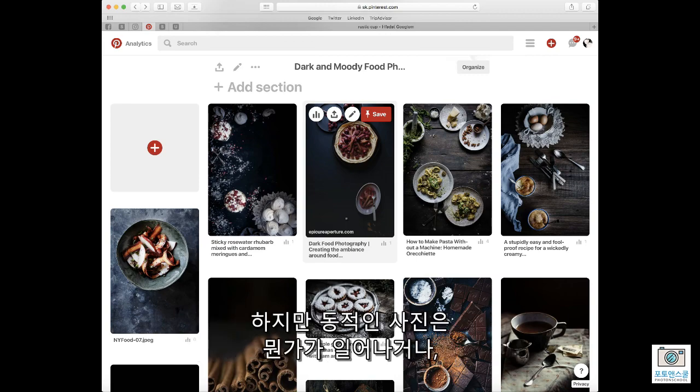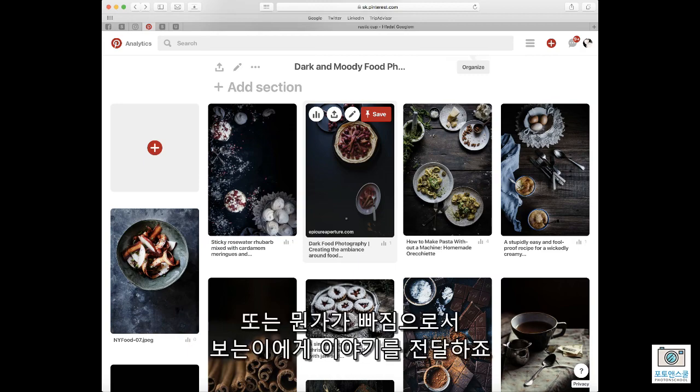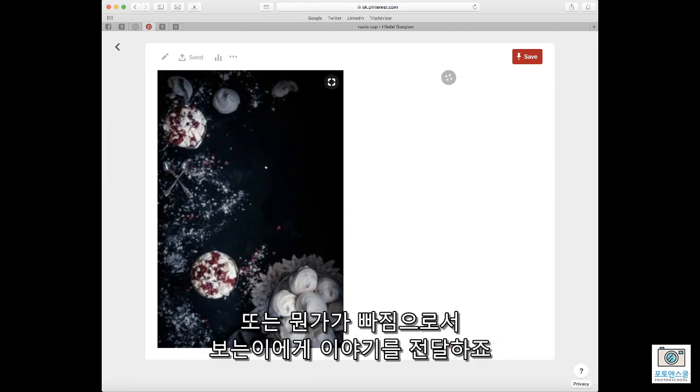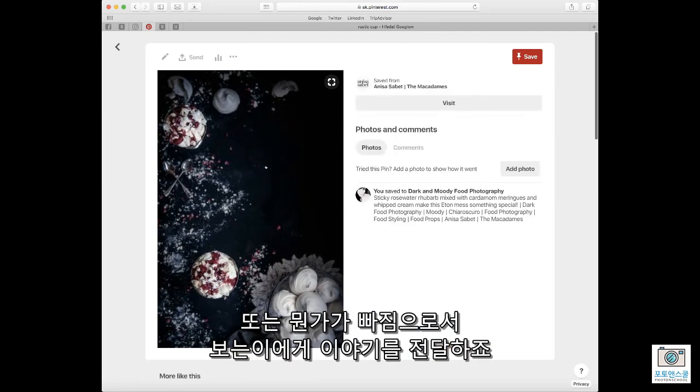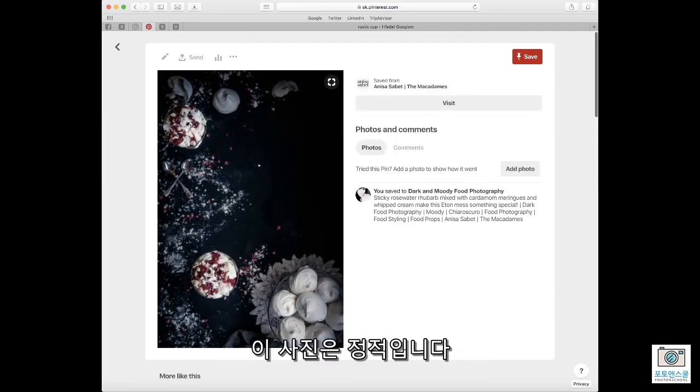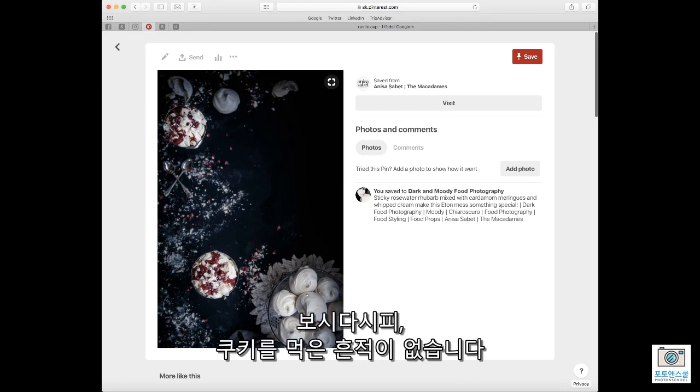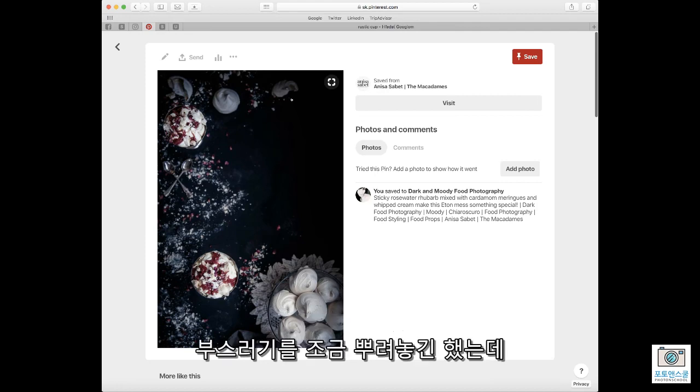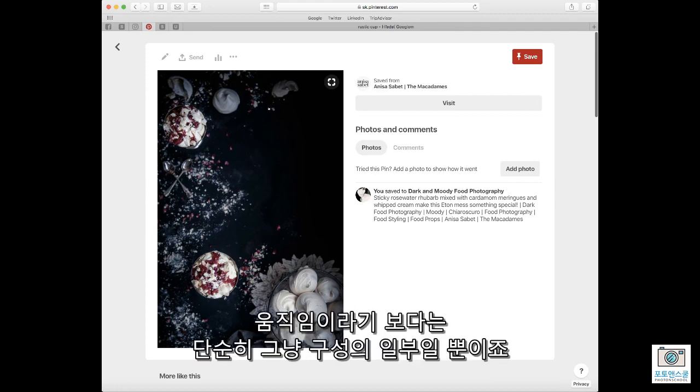But active pictures want to tell us something. There is something happening, there is something missing. For example, this is a static picture. You can see that nobody ate these, I don't know, cookies or whatever they are. It is broken down, but you can see that this is a little bit forced. It is not bad, but it is a composition.